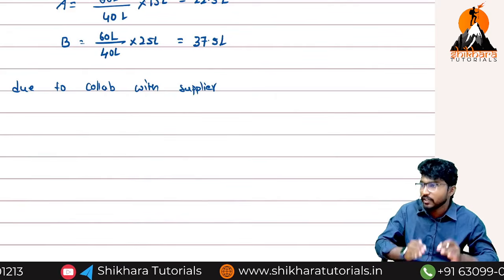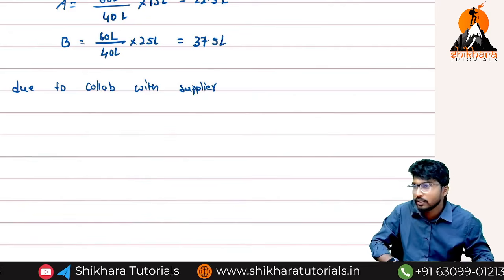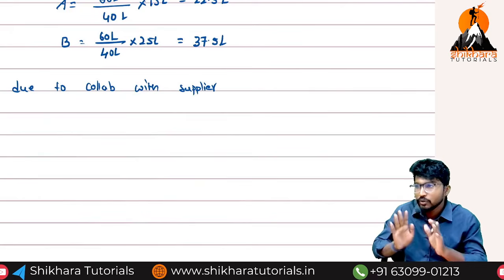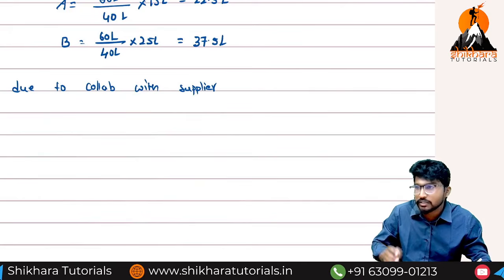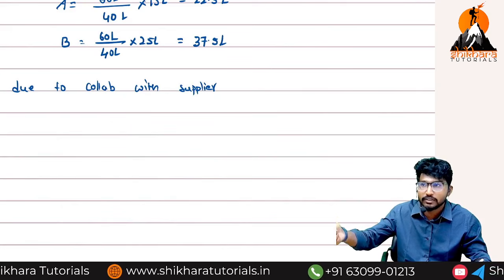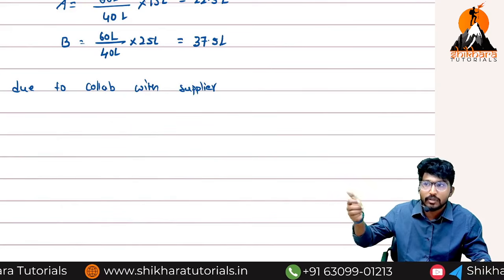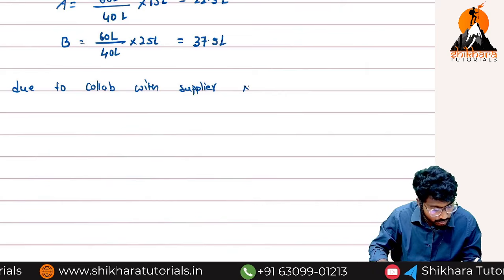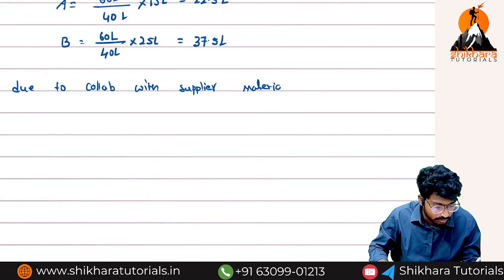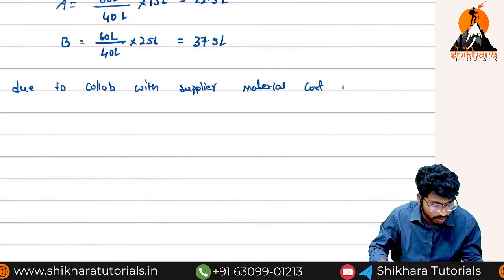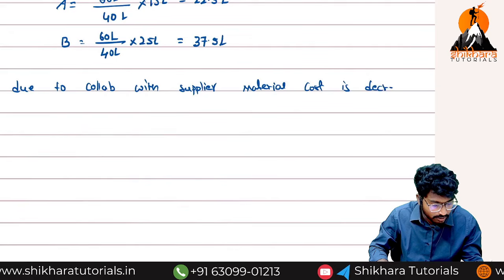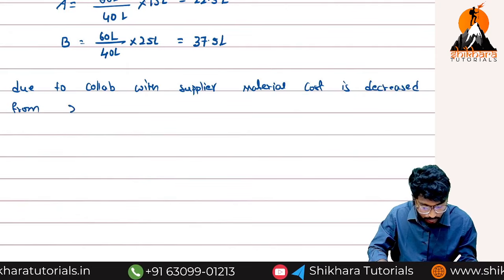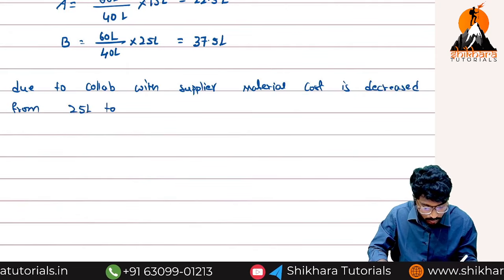Whatever I required for producing B, the entire materials I will purchase from whom? You only. Due to that reason, the material cost of B is decreased from 25 lakhs to 20 lakhs.